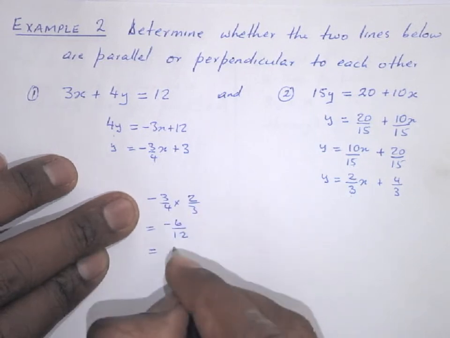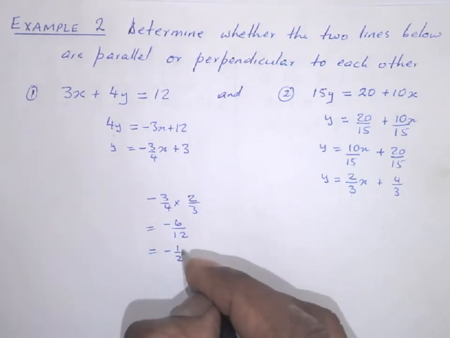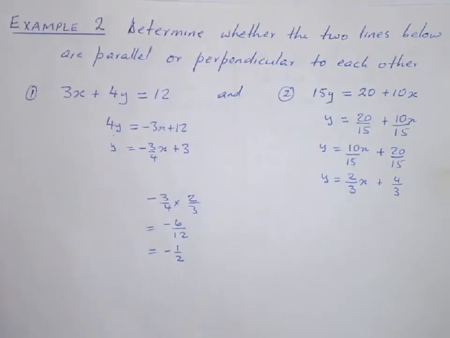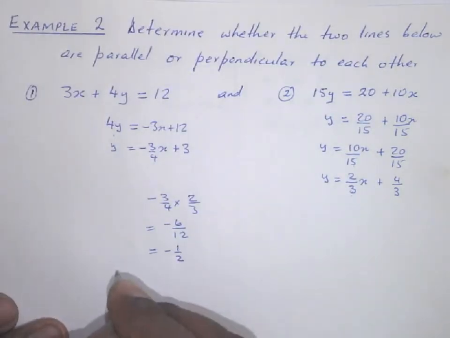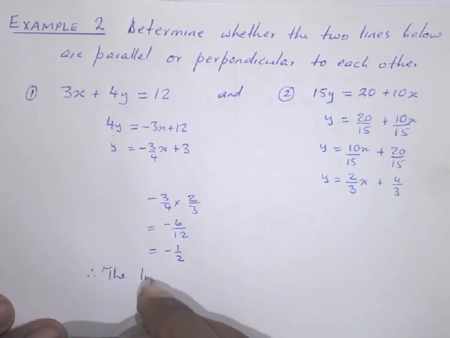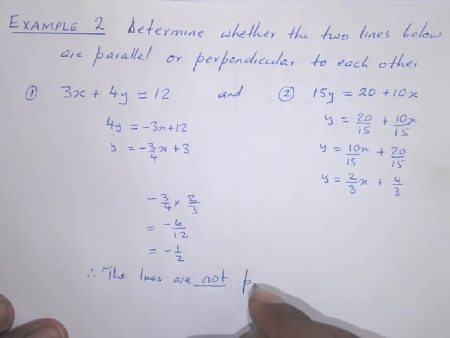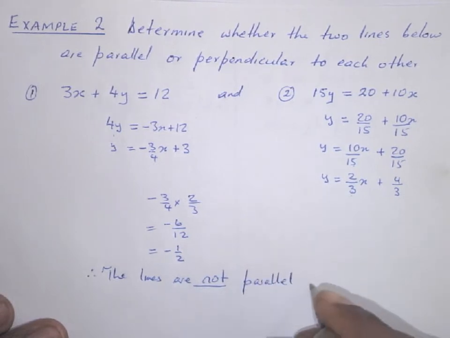I get an answer of -1/2. I don't get an answer of -1. In this case, we can say that the lines are not parallel or perpendicular.